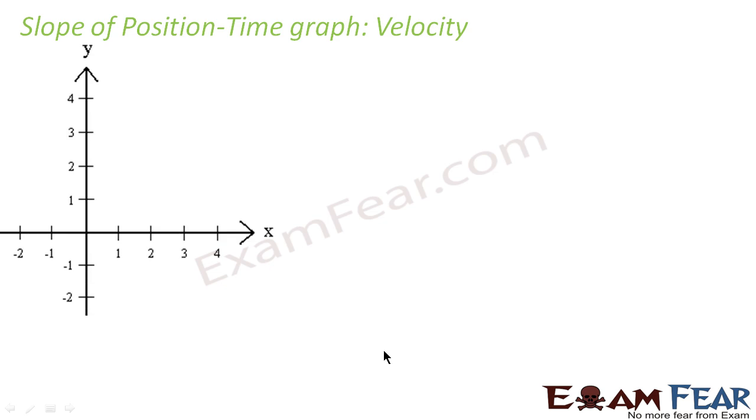Now we will take the example of this graph which we plotted out here. Let us suppose we have a graph like this. So what would the slope of this graph denote? As we already proved in the previous case, slope of this curve would be nothing but velocity.